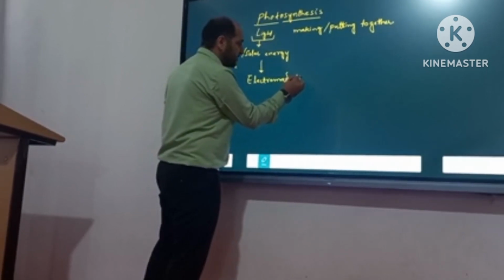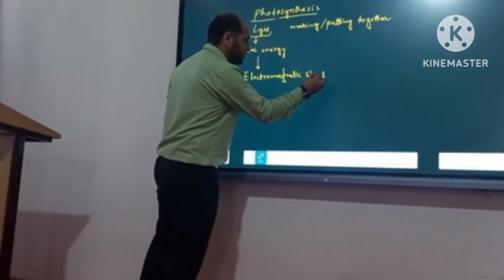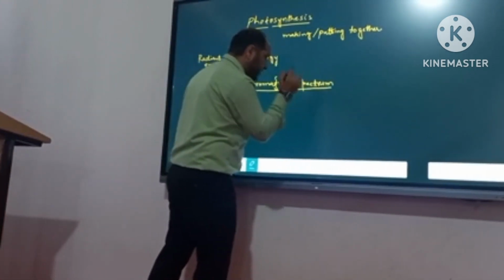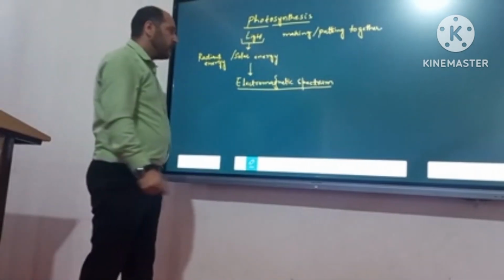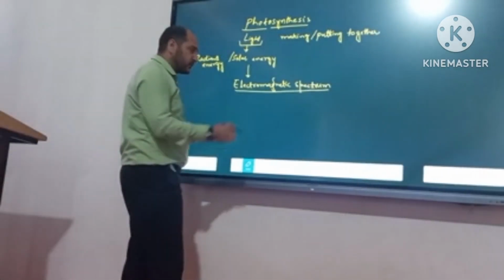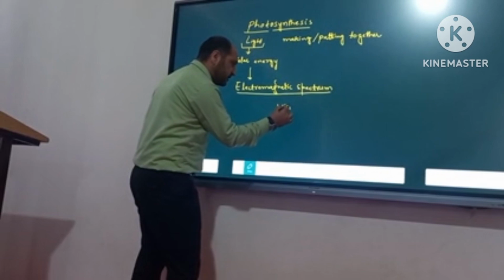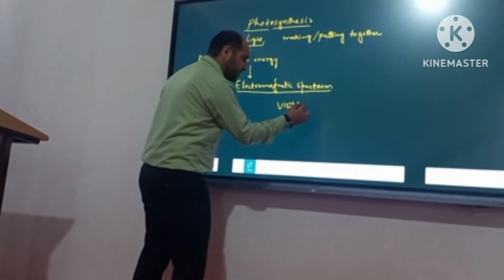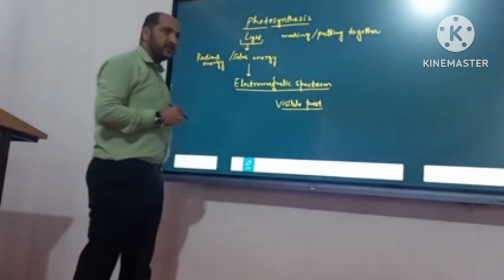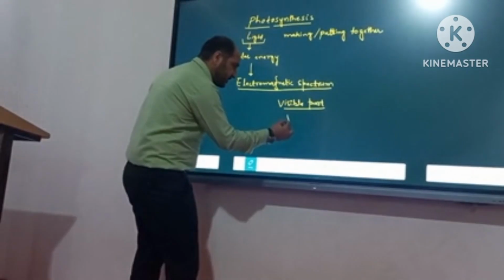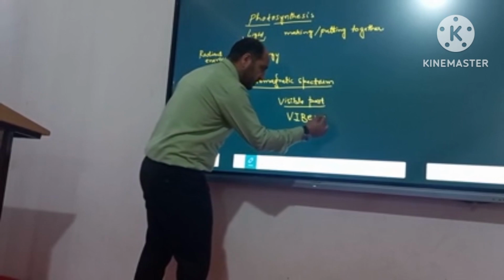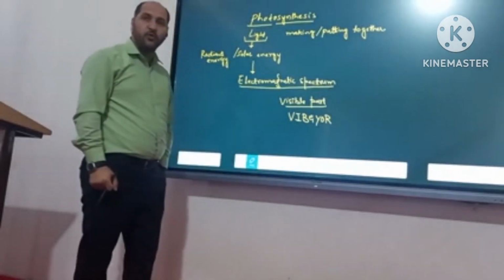This spectrum is made up of various wavelengths. The most beneficial wavelength for photosynthesis is the visible part of the spectrum, which, when split by dispersion, is comprised of 7 colors, and together they give white.